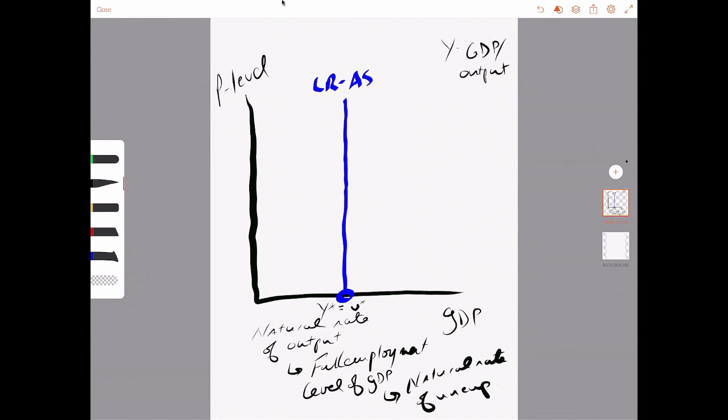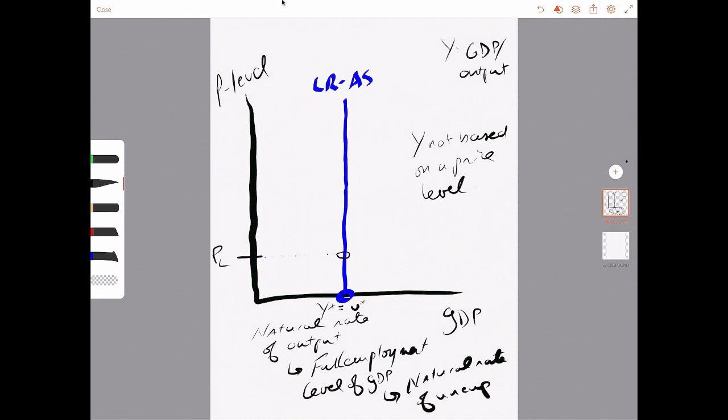But what I do want to mention about the position of the curves is to notice that that amount of output, that natural rate of output, is not based on any price level. It doesn't matter what the price level is. Look here, if this is our price level, we'll call that PL for P low.